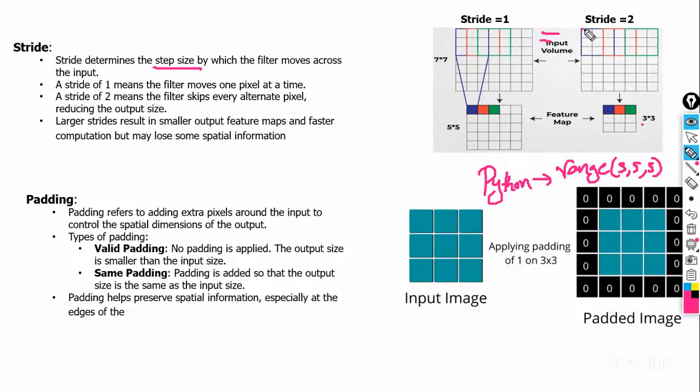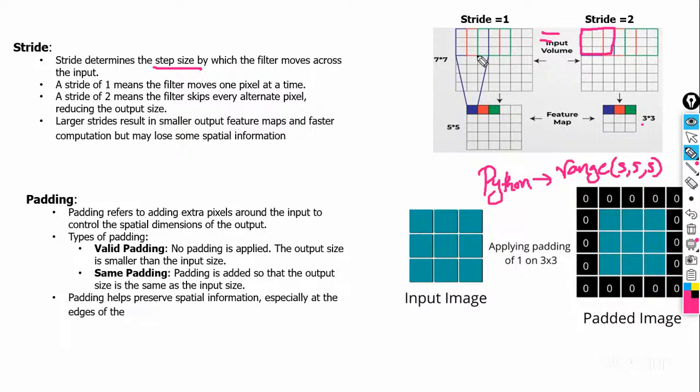Initially these 3 rows perform the convolution operation and we are going to get a value. If I go with stride 2, I have to leave 2 columns. Stride 1 represents skipping one column, that's nothing but skipping 1 pixel at a time.